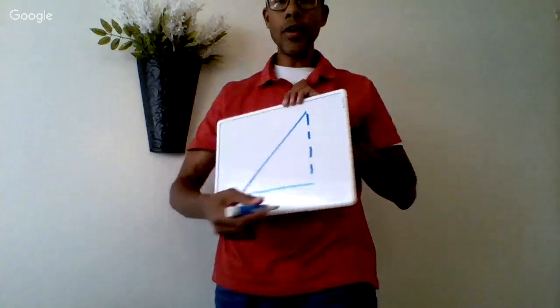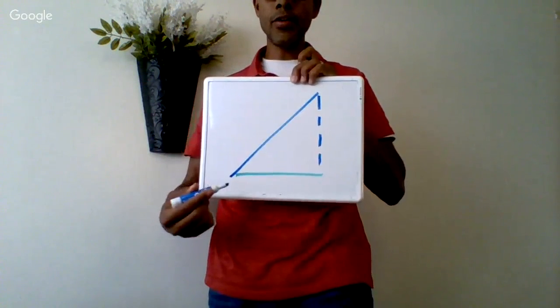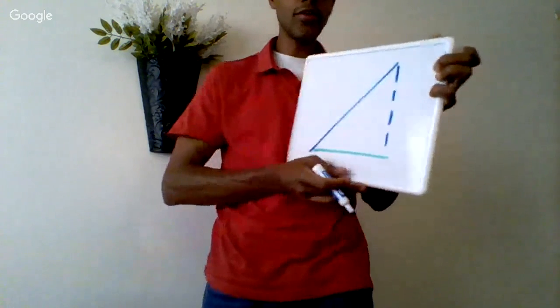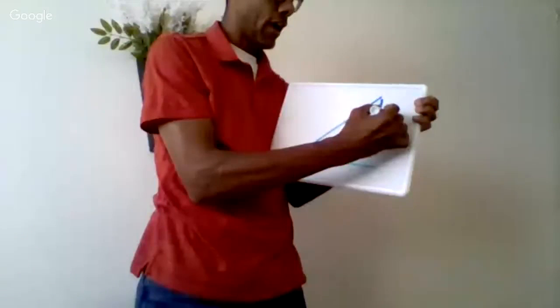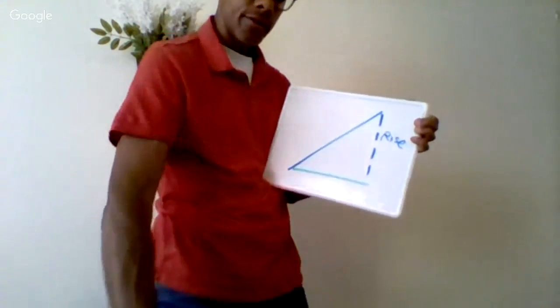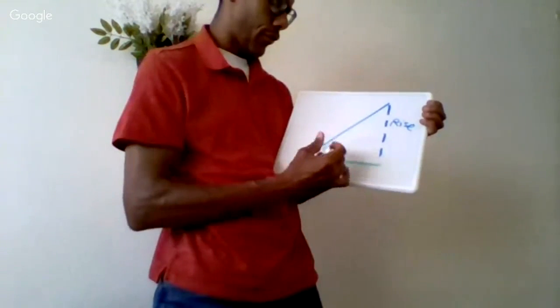The basic idea of slope is how far you go up the dashed line divided by how far you go over. What we generally term this as is rise over run.